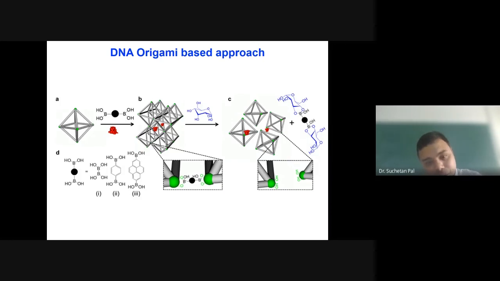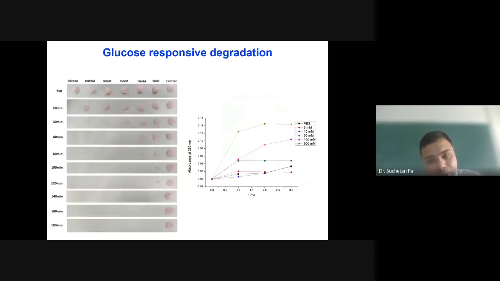Okay, so I'm just going into one data set where we have developed this kind of system. This is in a lab scale, in a test tube. We are making this hydrogel out of DNA, and then we are testing this hydrogel, exposing it to different concentrations of glucose.